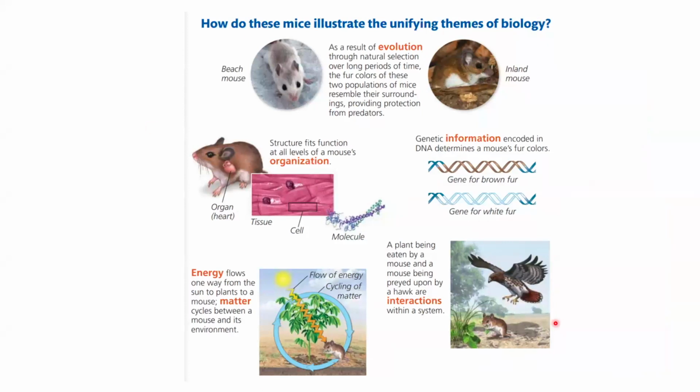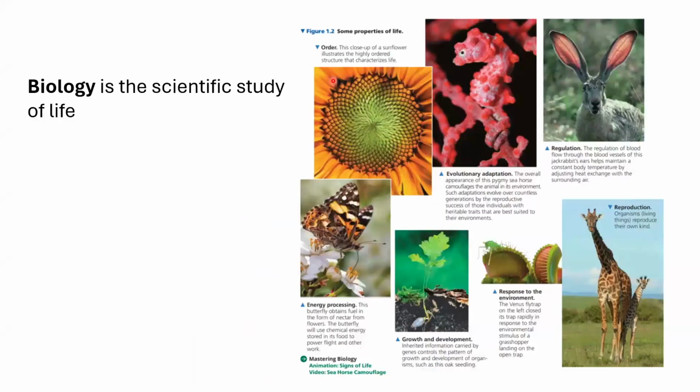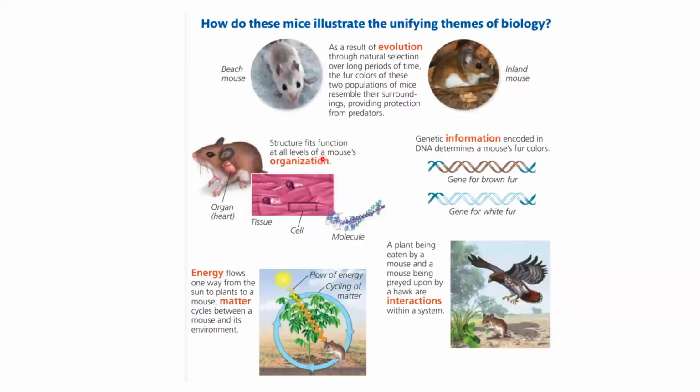So overall here, again, this is the figure from the first page of the book, there are unifying themes in biology, where it's sort of bringing back this aspect of organization, or going back to the previous slide, order. They're using here in this mouse, okay, you have organization, as in they're zooming in there, where you see some of the tissue of the mouse, and you see that the cells are ordered in a specific way.